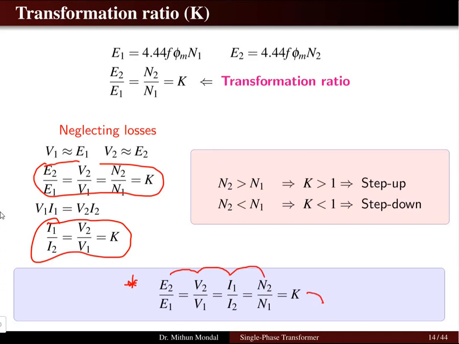All of these give you the transformation ratio K. Note here that current and voltage are inversely proportional to each other. So whenever we write the equation, we have to write voltage inversely proportional to the current. So V2 by V1 will be equal to I1 by I2. Here we are neglecting the losses.